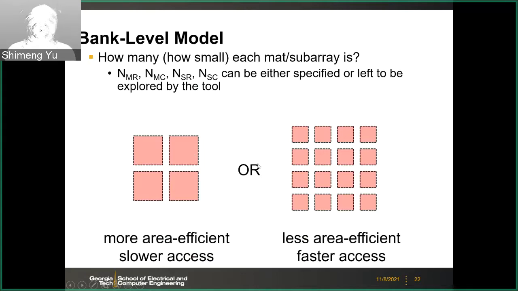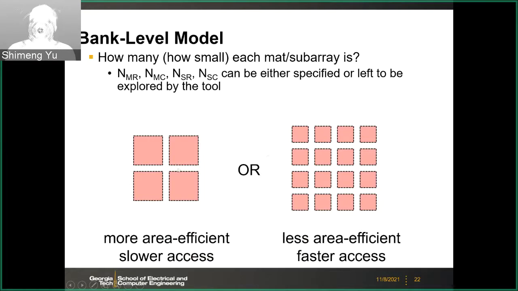In those two cases, the total number of bits are the same, but you can organize that into different fashions. On the left-hand side, you can have larger subarrays, but fewer subarrays. In this case, just four. And in the other case, you can break that up into more smaller subarrays.